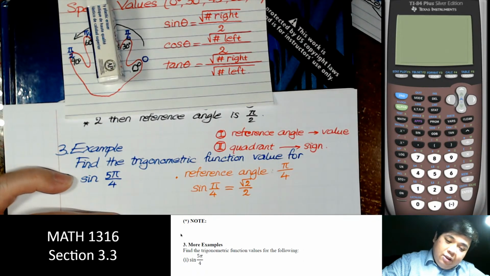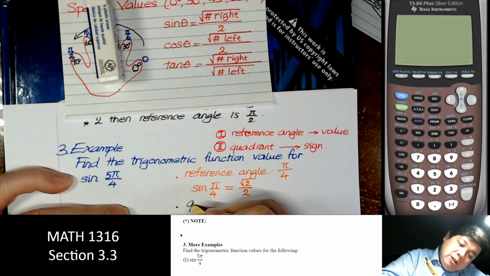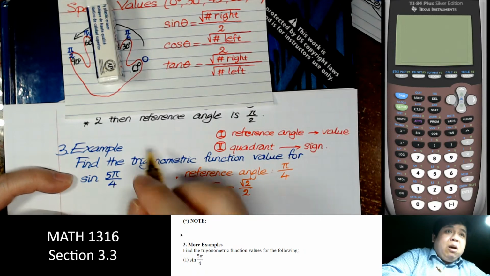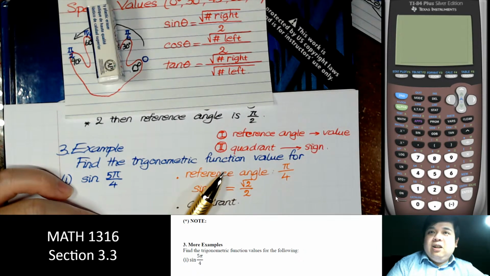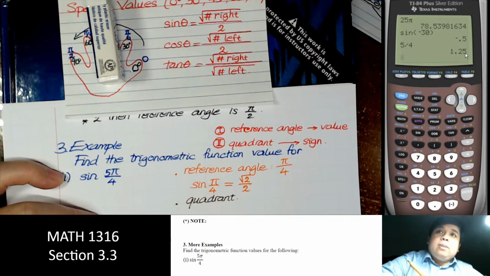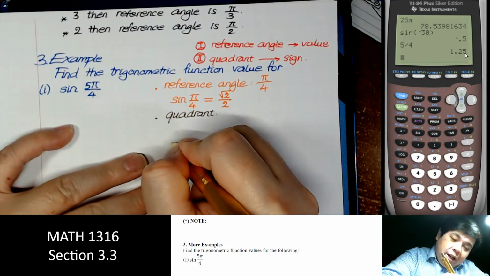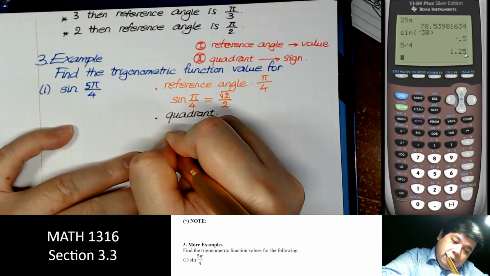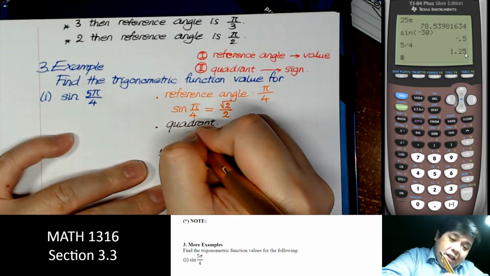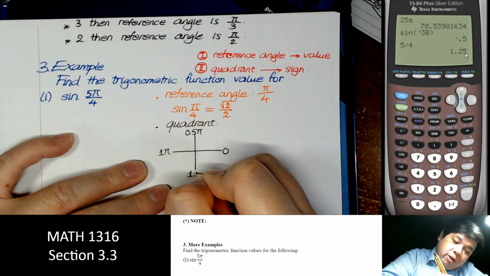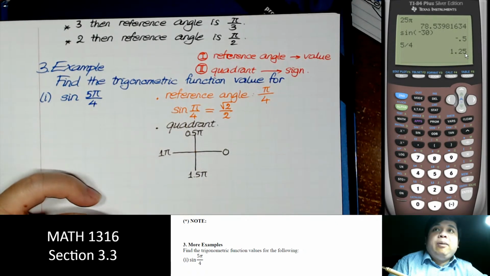Next, the quadrant. 5 divided by 4. What is that? 5 divided by 4 is 1.25. Now if we write in terms of a circle, we have 0, 1 pi, which is 180, half a pi, 90 degrees, and 1.5 of a pi is here.